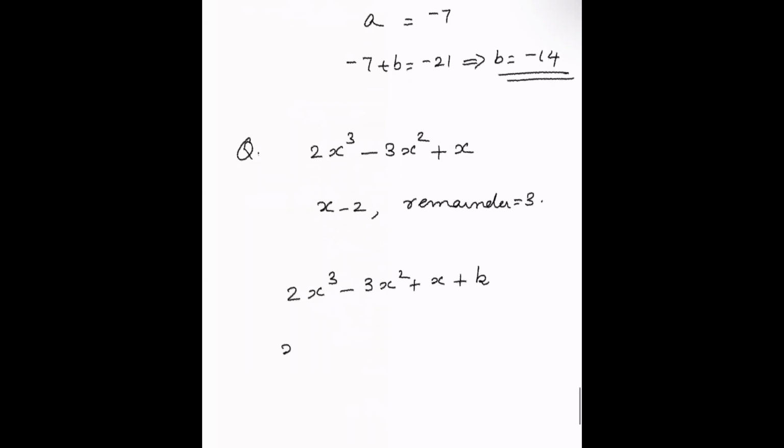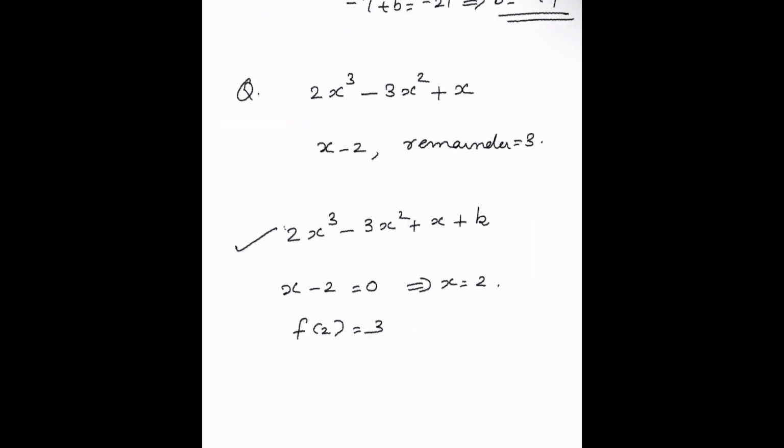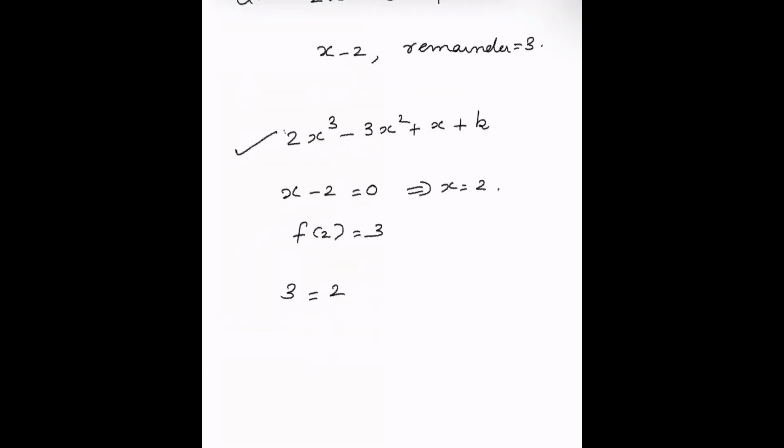Now, x minus 2 equal to 0 implies x is 2. What is it that I want? F of 2 should be 3. So, wherever you see x, substitute it with 2. K will continue to be k itself. So, 2 into 2 cube minus 3 into 2 square plus 2 plus k.